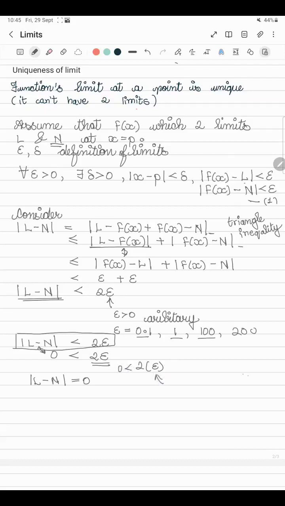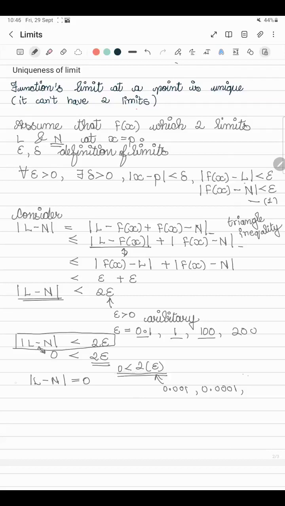So if we put epsilon as anything like 0.0001, 0.00001, this inequality would always hold.